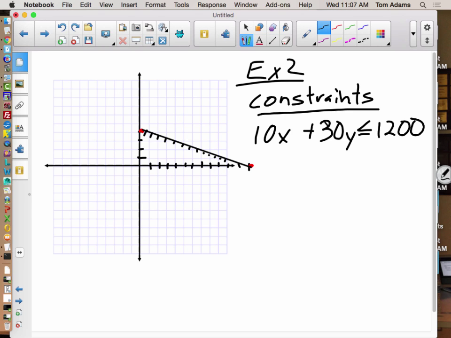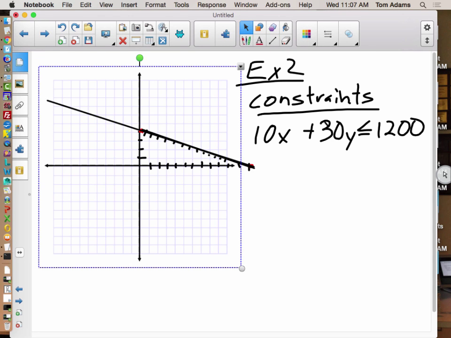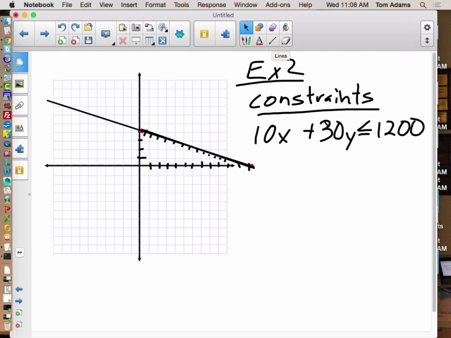Now, I probably could draw the line all the way in the other direction, but actually it'd be better to do it like this. Like that. All right, so there we go. Now if I draw the line like that and it's going below, that's the first constraint.